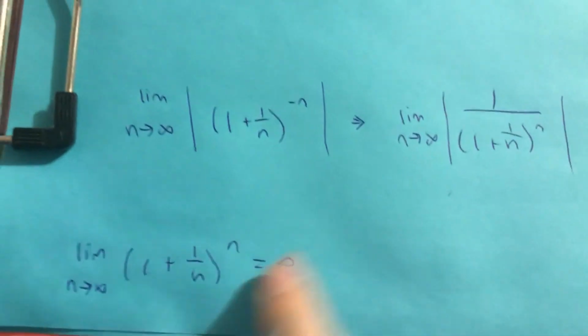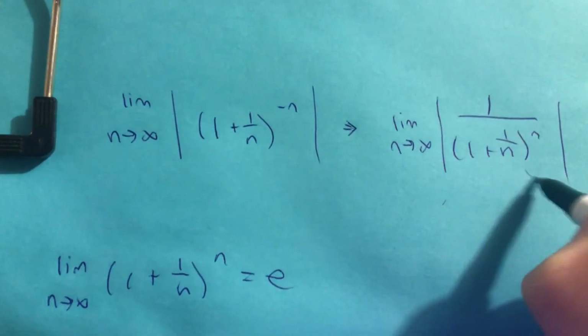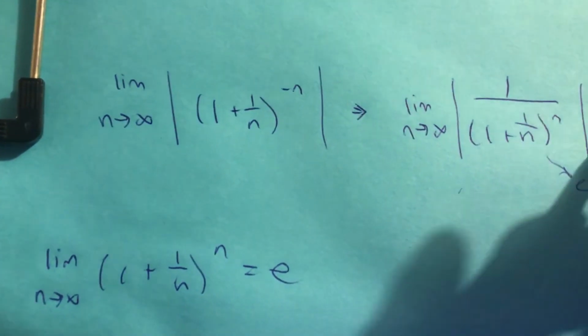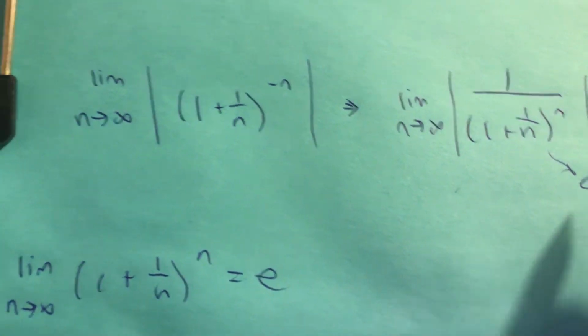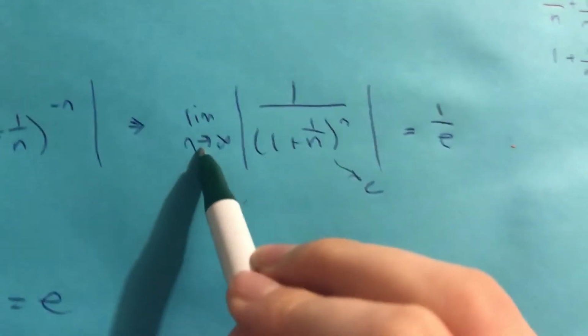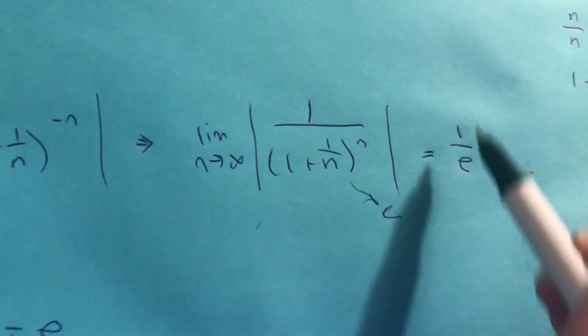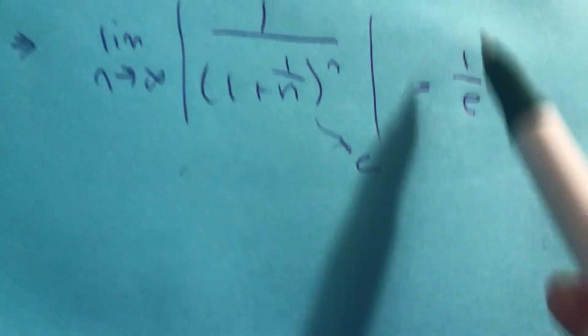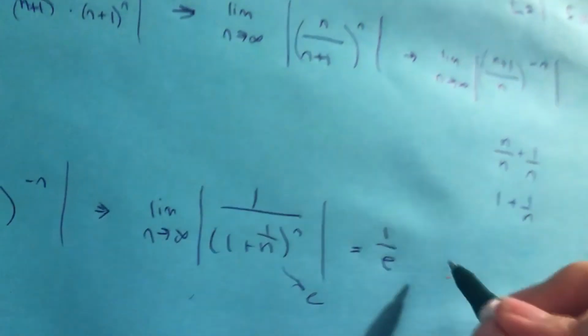So effectively, this goes to 1 over e. That's just a number, right? So this is a constant. So that equals L.